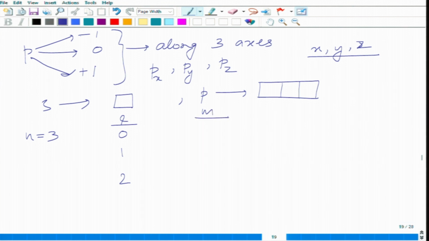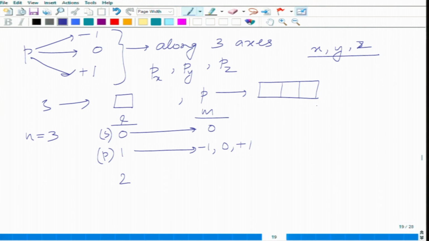So m will be 0 for the s subshell. For the p subshell, m will be minus 1, 0, plus 1, right?